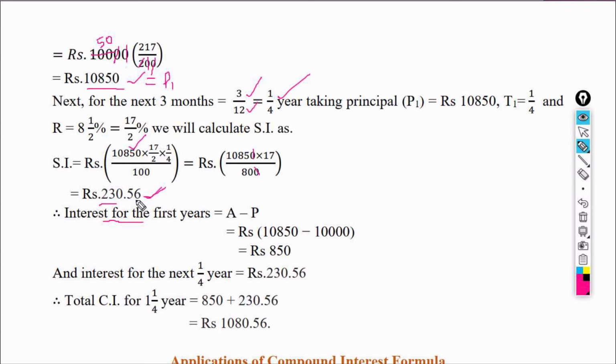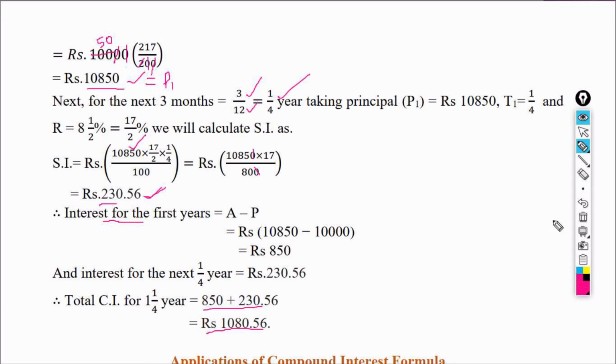Add both the interests to get compound interest for 1 year and 3 months, that is rupees 1080 and 56 paise. It is very simple, but this is a very important question. Try to solve it on your own.